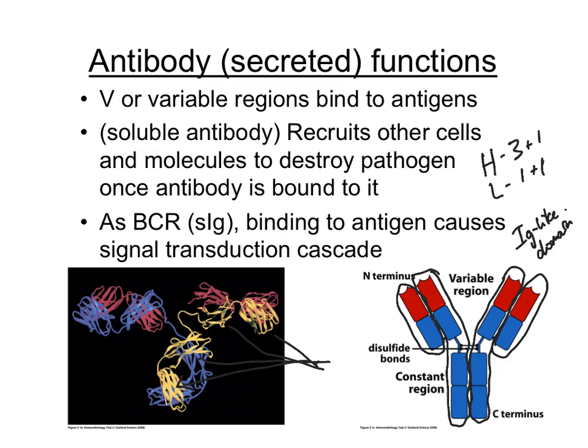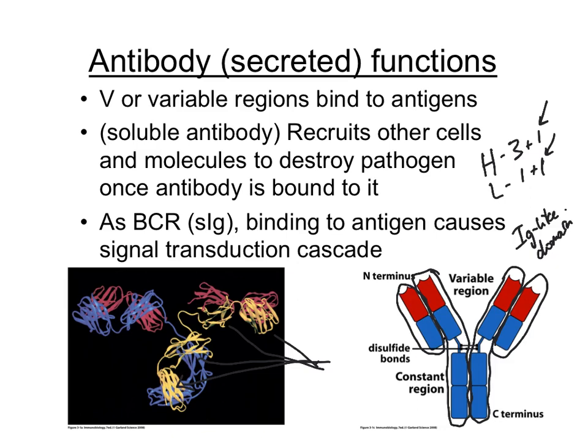On the right-hand side, where I've shown you the heavy and it says 3 + 1, the 1, for each of the heavy and light chains, even though they have the immunoglobulin-like fold, they also have the capacity to bind antigens. Okay?